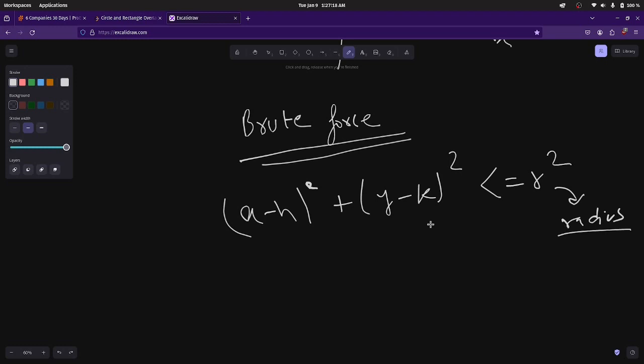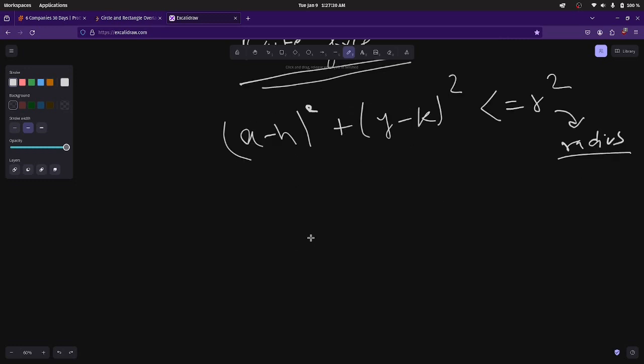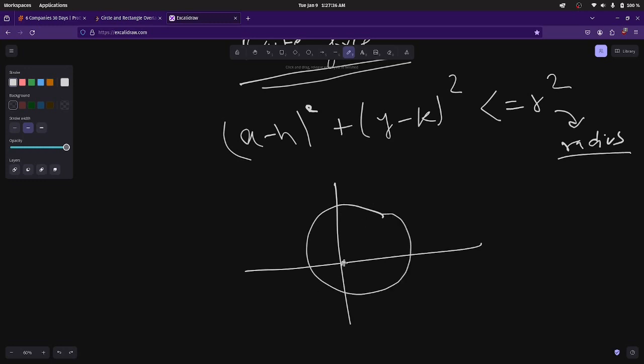You have learned this formula when you were in 11th, 12th preparing for JEE, in the coordinate system. Let's say there is a circle with center h comma k, and there lies a point x comma y.